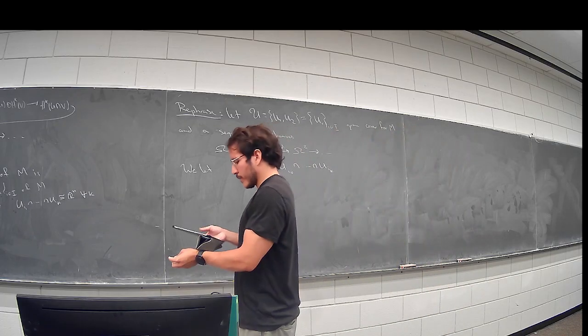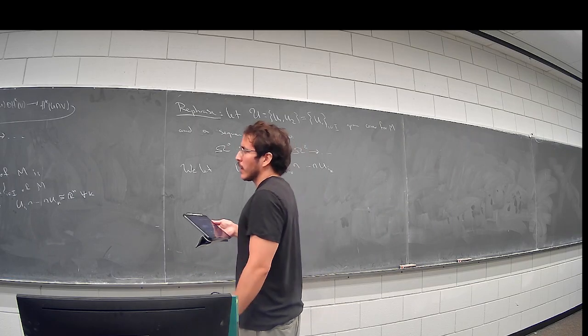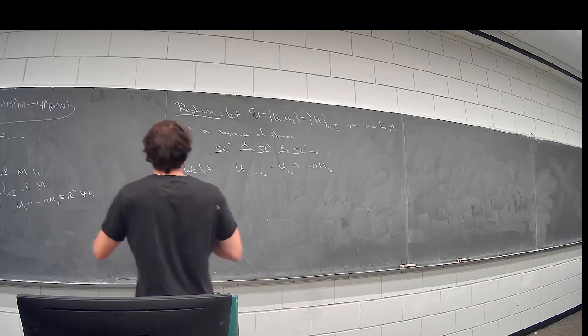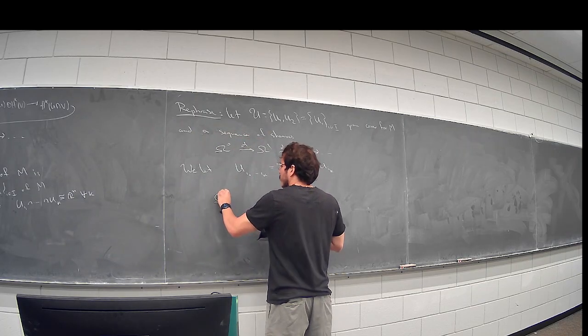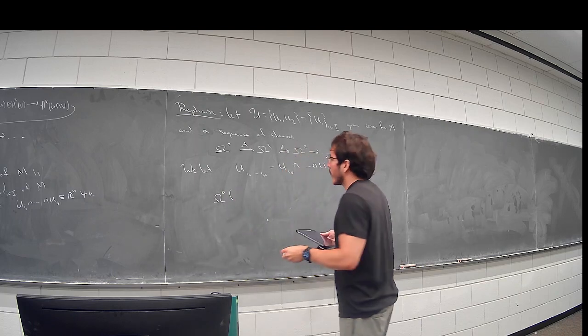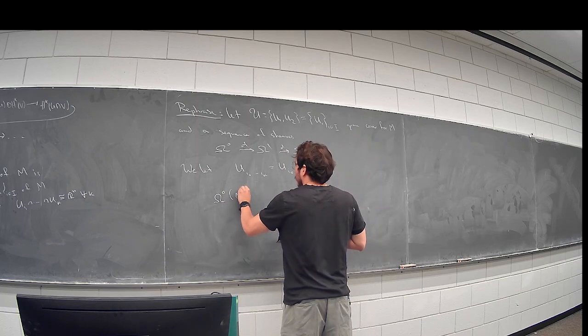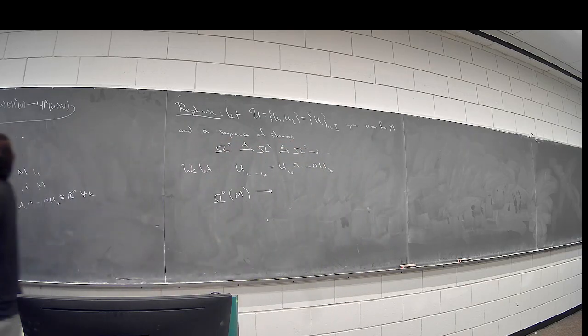And what are we going to do now? What I did there is I took my omega 0 and evaluated it first at M. Then I summed over U_1 and U_2.